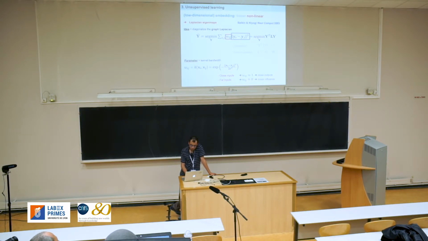So if two points in the low dimensional space are supposed to be close, this is supposed to be close to 0. So to have this very important in the minimization, you need to have this coefficient very high.